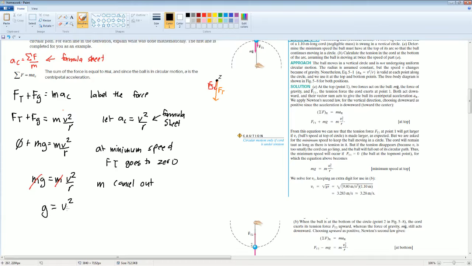Then you want to solve for velocity, so get v alone by doing some algebra. You multiply by r on both sides, gr, and get v squared.